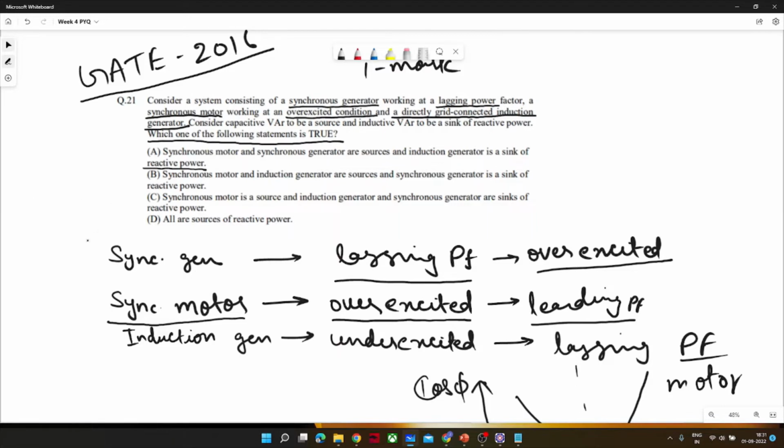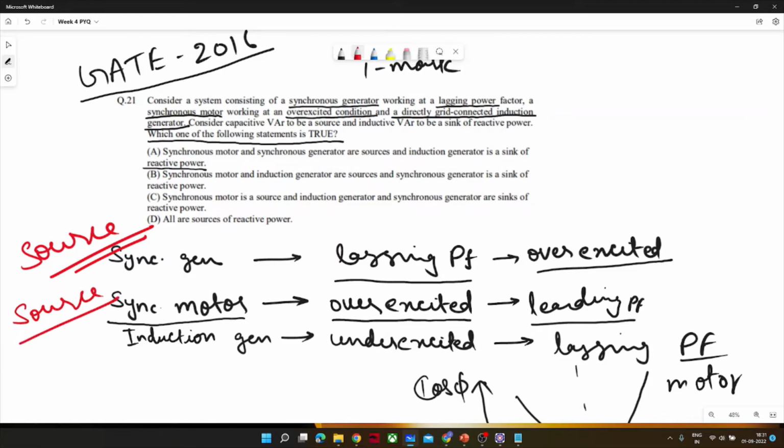So we saw here the synchronous generator is overexcited, so it can deliver. So it can work as a source. Synchronous motor is also overexcited here, so it can also work as a source of reactive power. Induction generator is underexcited, so it will act as a sink of reactive power. So our option A would be correct in this case. Fine.